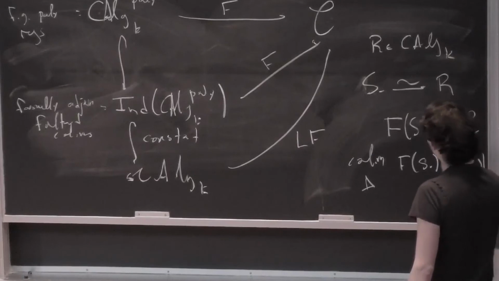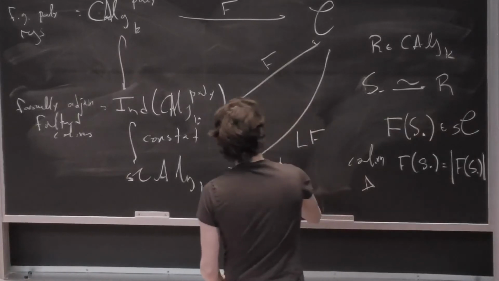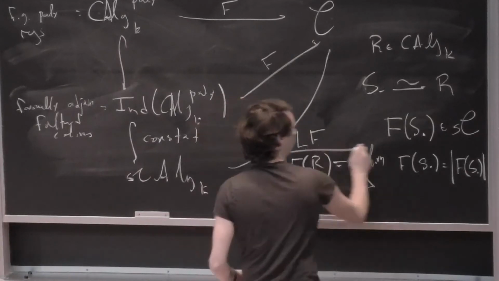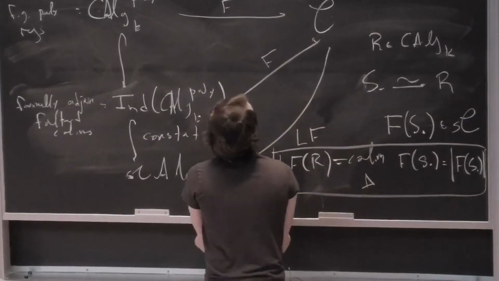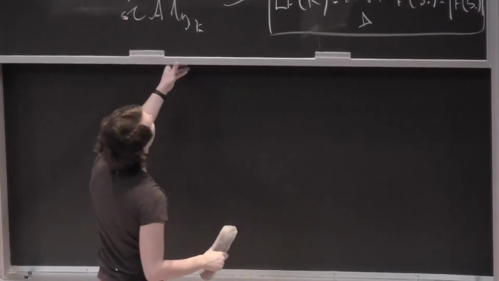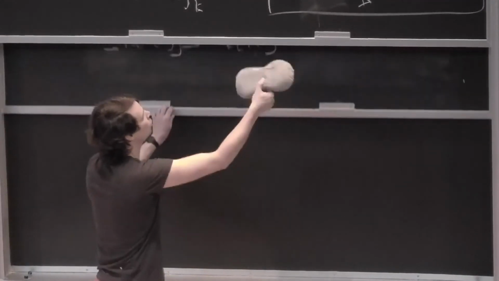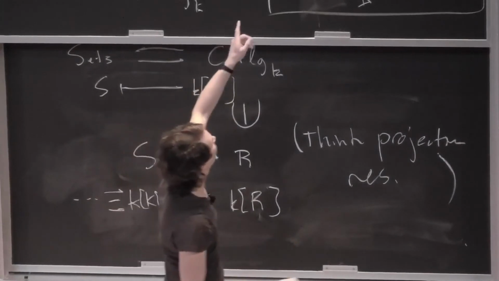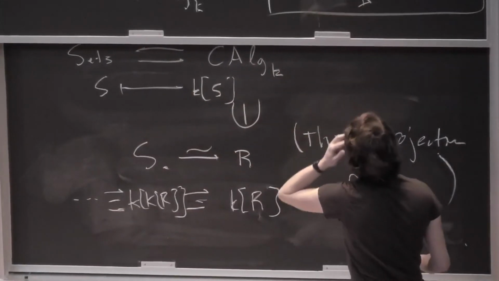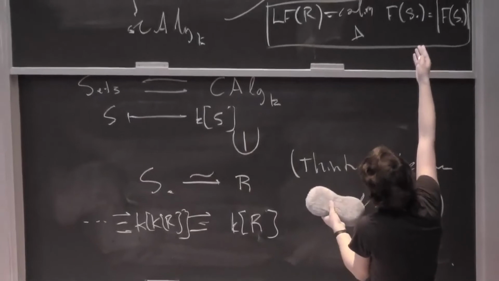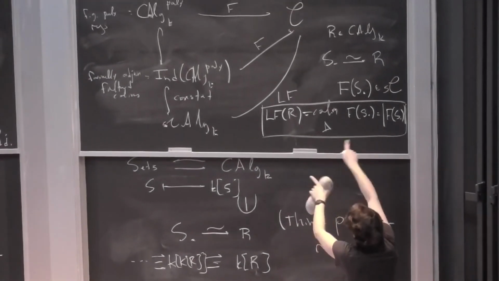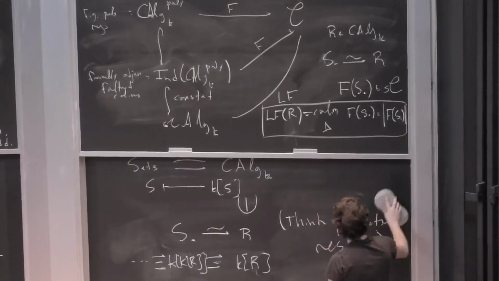And this, by definition, is LF of R. So I just gave you a recipe for starting with a functor just on polynomial rings and cooking up a new functor on all simplicial commutative rings. In particular, if I take an ordinary ring that's not smooth or not polynomial, then I can get this LF on it.